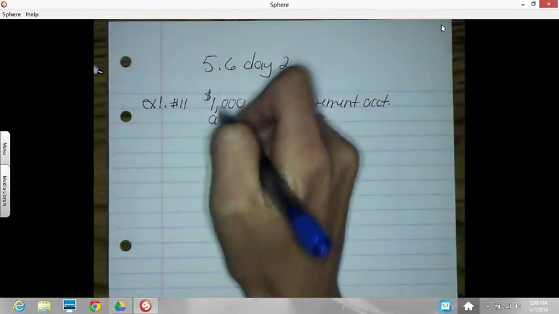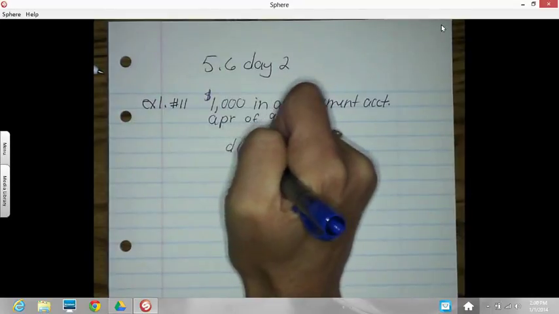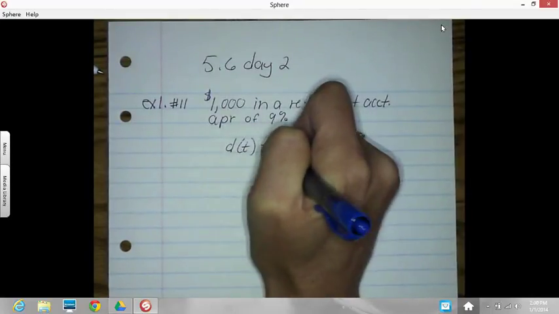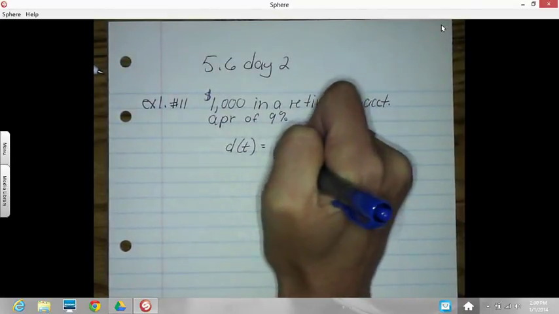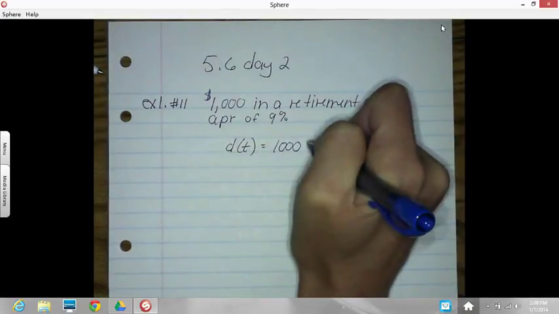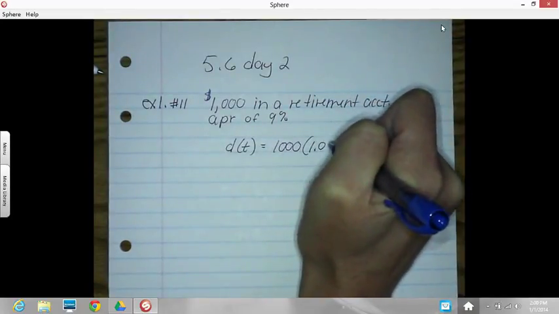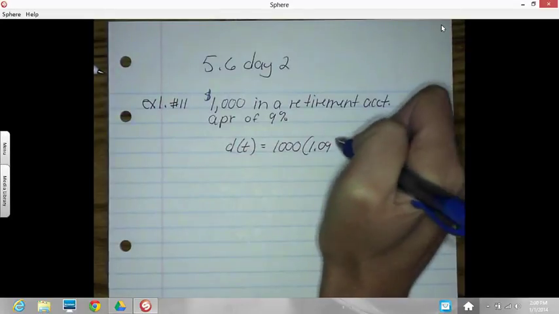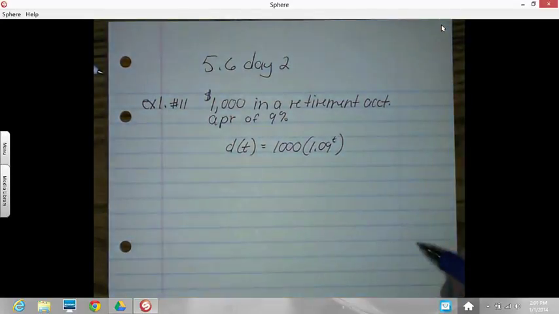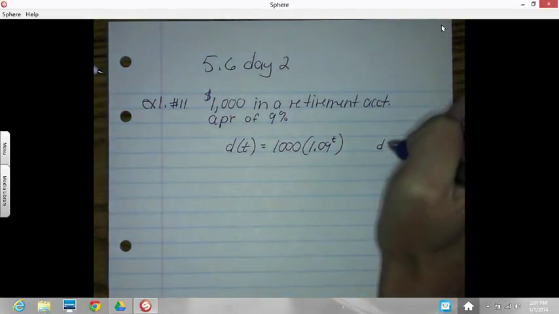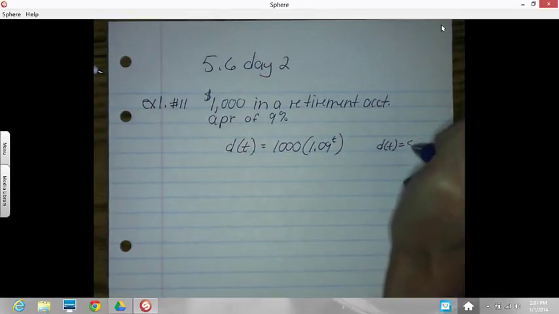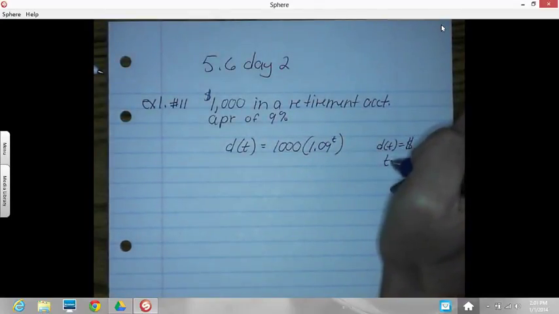And the equation that gives you the amount of dollars after T years is 1,000 for your original investment and the 1.09 interest raised to the T years. So D(T) is dollars in the account, T is years.